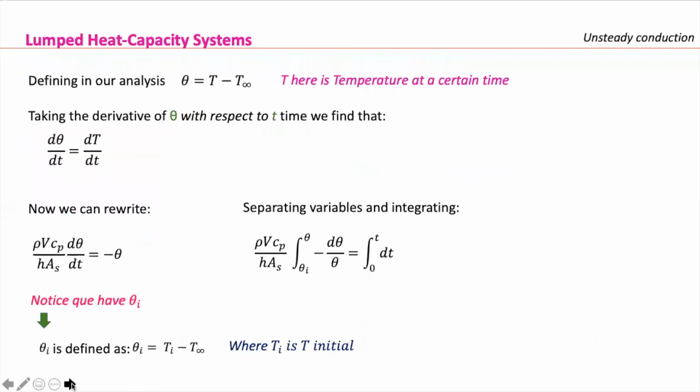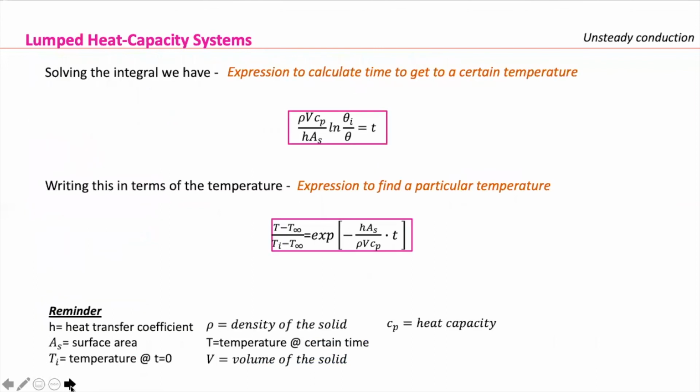So then we do as always, right? We define our dimensionless temperature, where T here is the temperature at a certain time and T infinity is the surroundings. We take the derivative, rewrite the equations, separate variables, and integrate, defining theta i as T initial minus T surroundings. Finally, we have these two expressions, and I want you to take note of them. These are important.